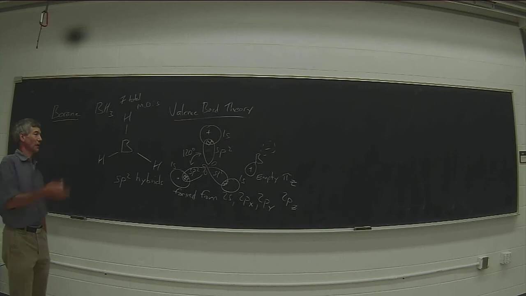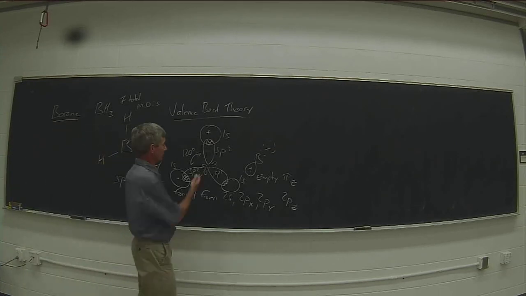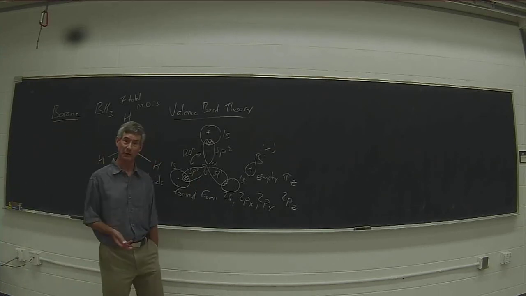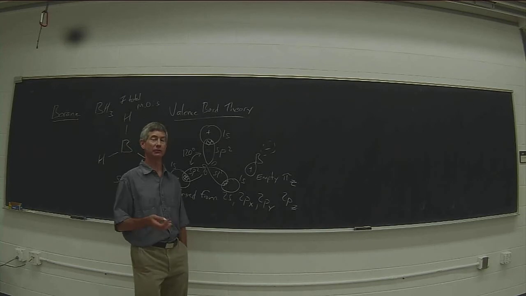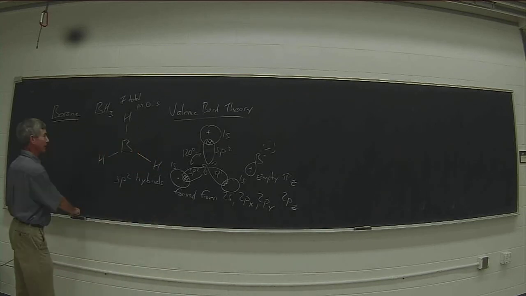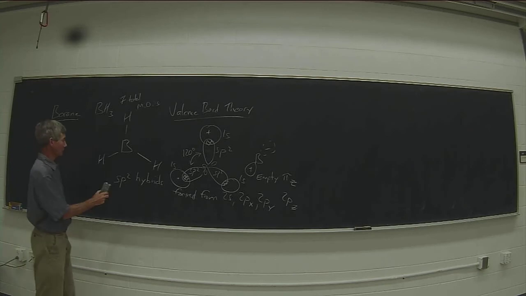So valence bond theory, we know, doesn't really work because it localizes the electrons too much and predicts incorrectly that all of the bonding electrons have the same energy. How can we get a better looking picture using molecular orbital theory?